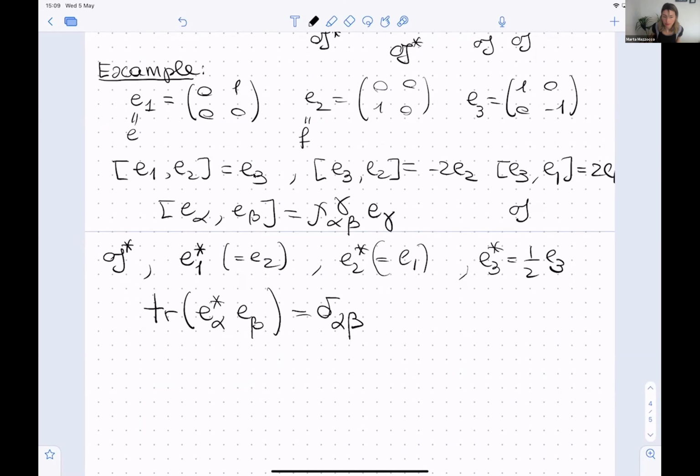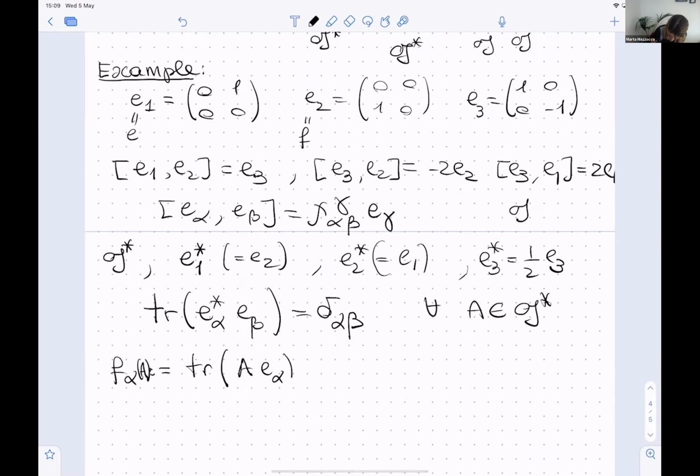So that's why we have this strange notation, but it's very helpful now, because we can define a function f alpha by taking the trace. For every A in G star, we take the function of A to be the trace of A E alpha. This is essentially the Killing form of A and E alpha.